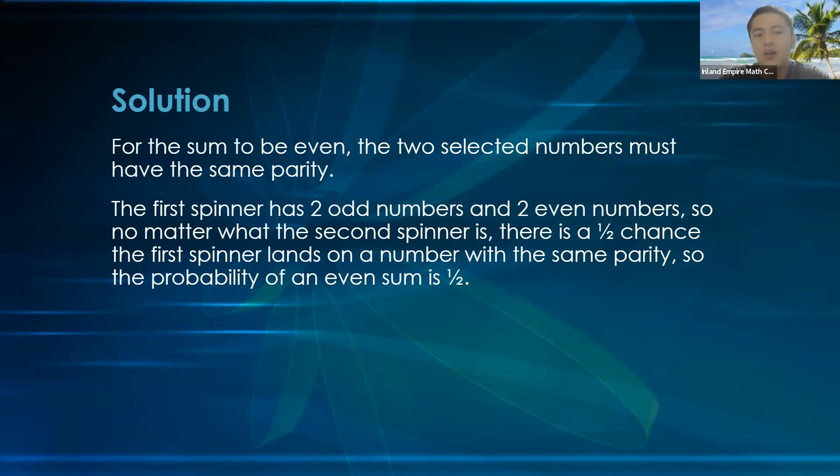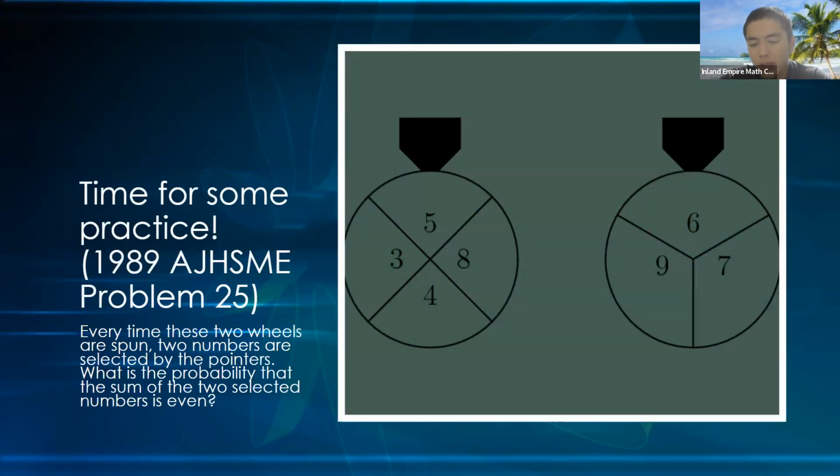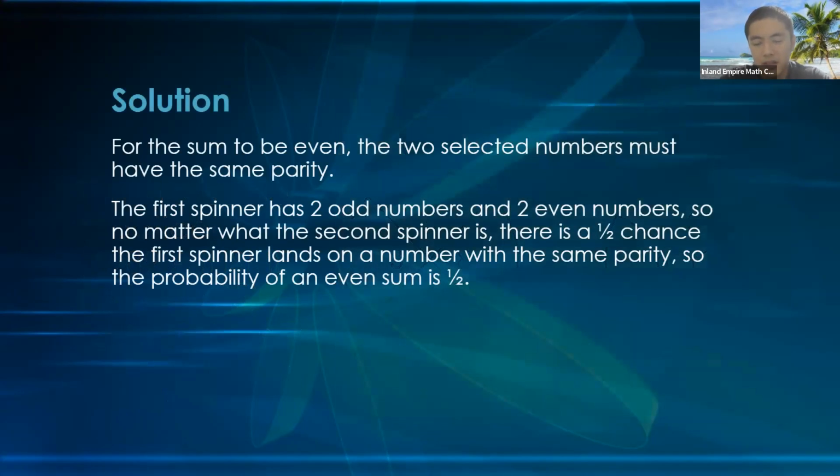Right? Does that make sense? Since the first spinner has 2 odd numbers and 2 even numbers, no matter what the second spinner spins, there is always a 1/2 chance that the first spinner will land on a number with the same parity. So the probability is simply 1/2.